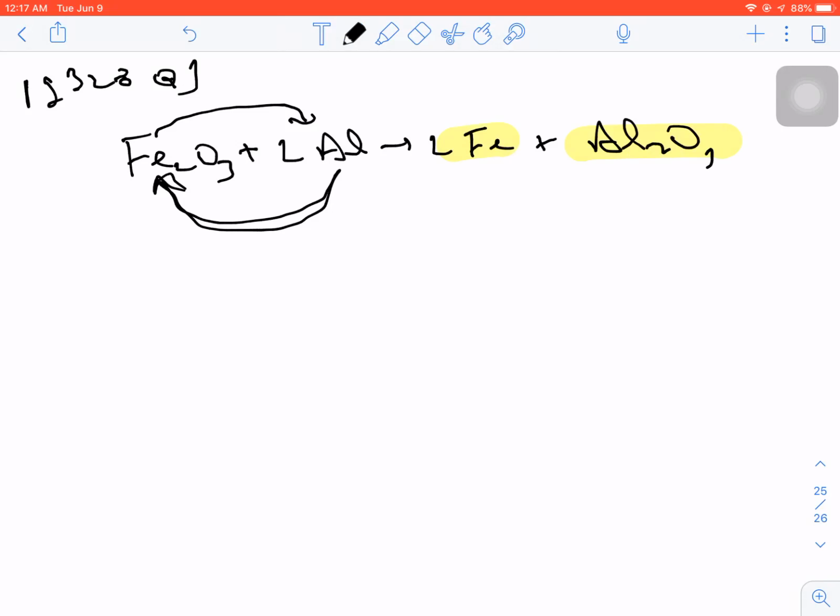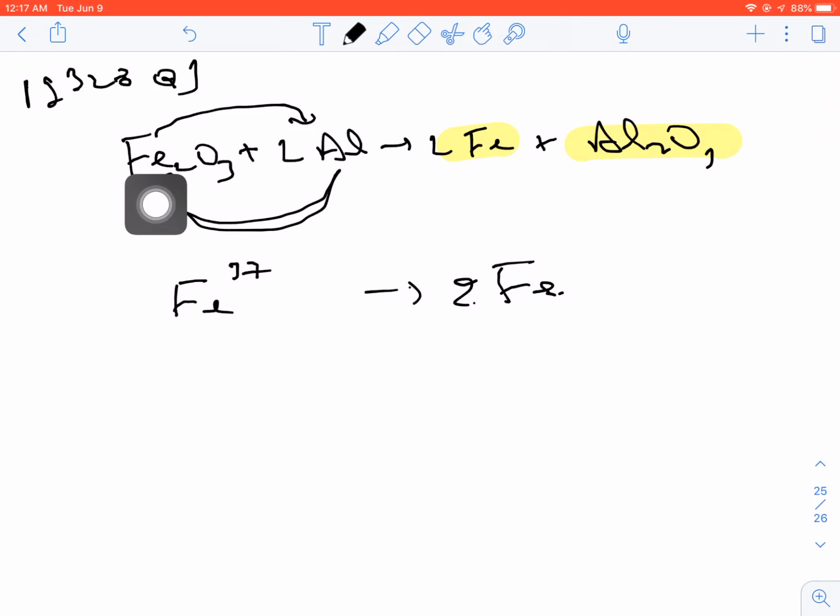So I'll end up with iron and aluminum oxide because, like I said, the aluminum is going to replace the iron there. So a couple things are happening. My iron 3 plus is on the left, and I've got iron on the right. Notice that I've got 2 irons on the left, but I also had Fe2. I also had 2 irons on the right.